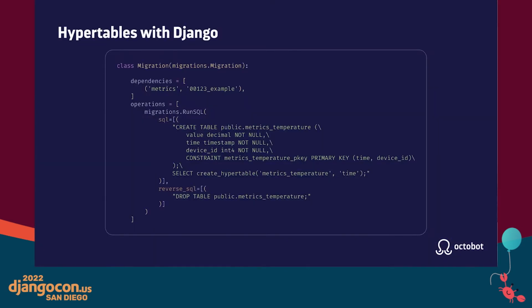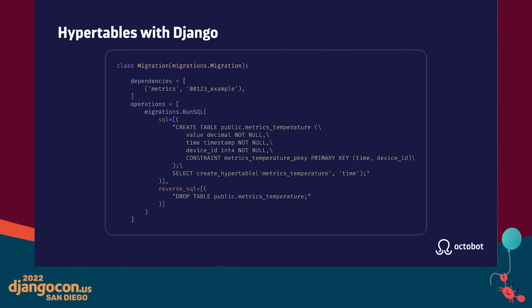So finally, what we did is we used the unmanaged models from Django. This is how the data migration would look like for creating our hypertable. We basically have to create the table and then define the primary key we want. And the last step is to use a create hypertable function from Timescale.